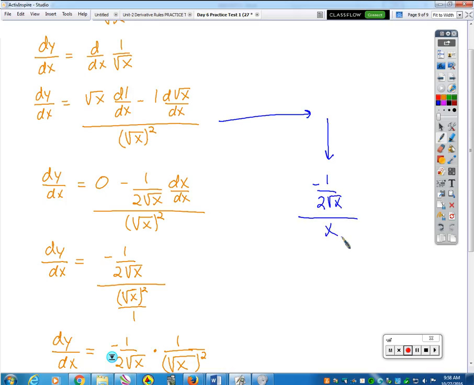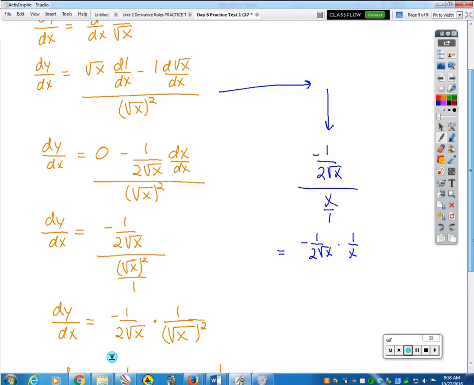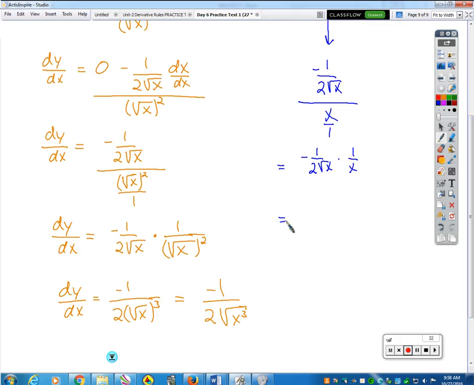Then the next line, we multiply by the reciprocal. At that point, I'd probably write -1 all over 2 times x times the root of x. This is exactly the same answer as this.